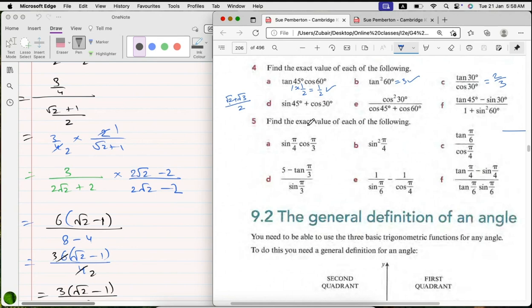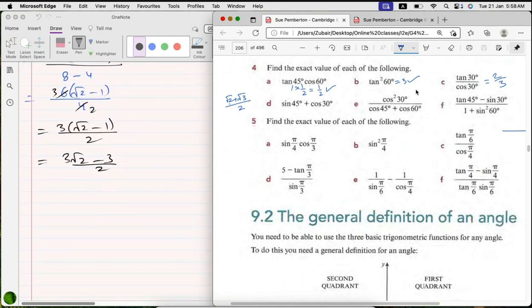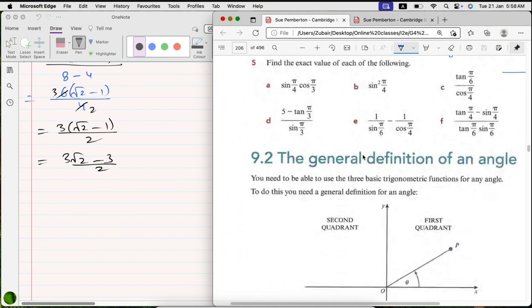Okay. This is 3 root 2 minus 3 by 2. Let's try one with radians. Select any.